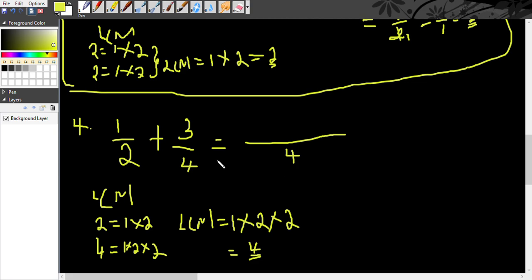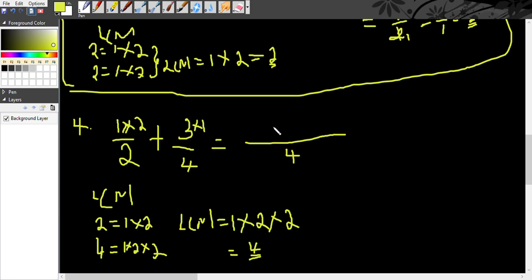That's what we have there. So how many times does 2 go into 4? That is 2 times, so times 2. How many times does 4 go into 4? That is 1 times 1.